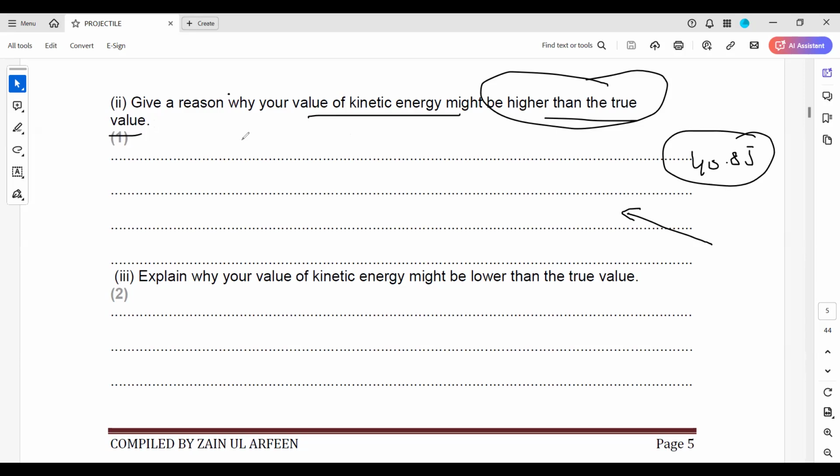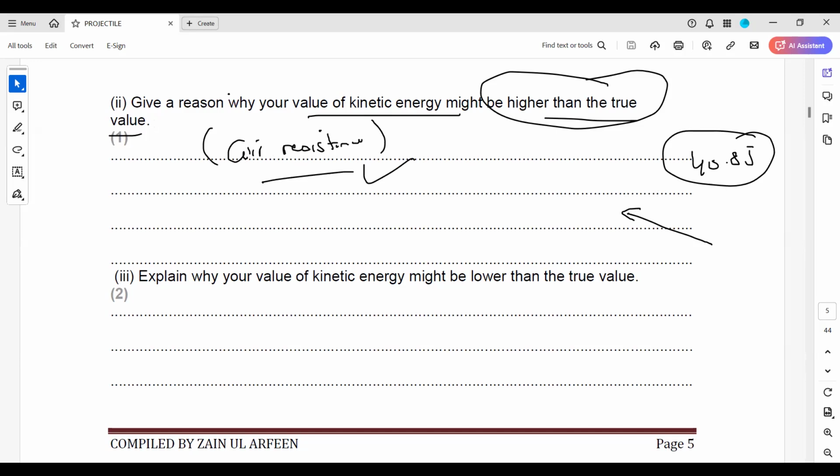Students mentioned air resistance, that's fine. One is the air resistance, or even the mass which is transferred. Because air resistance is there, the true value might be lower than what we calculated.